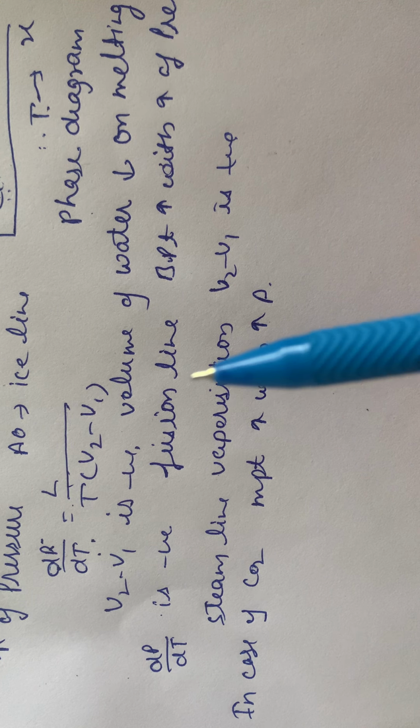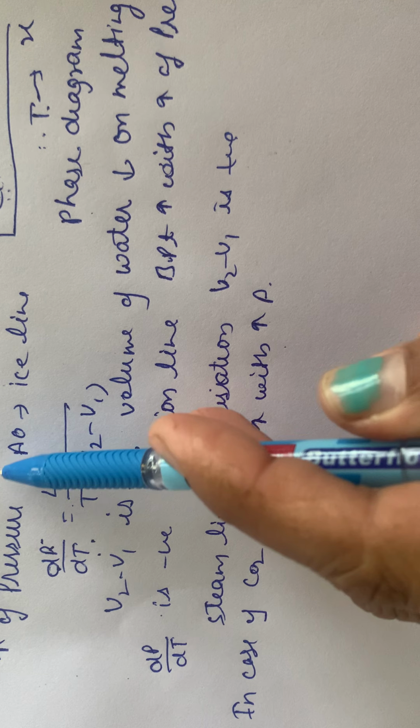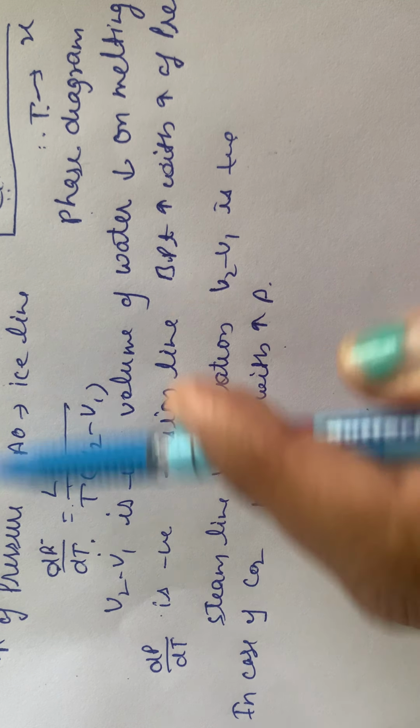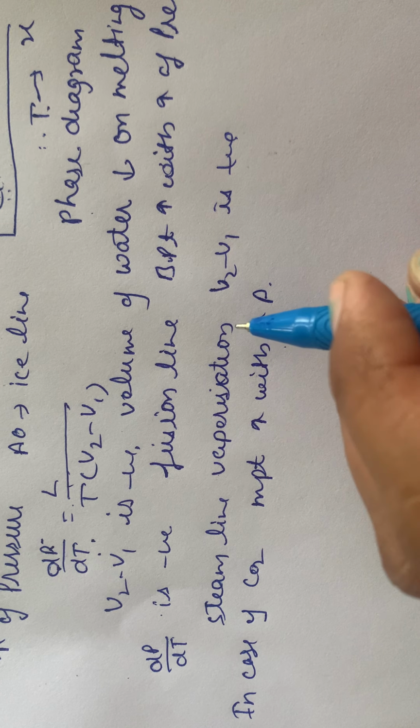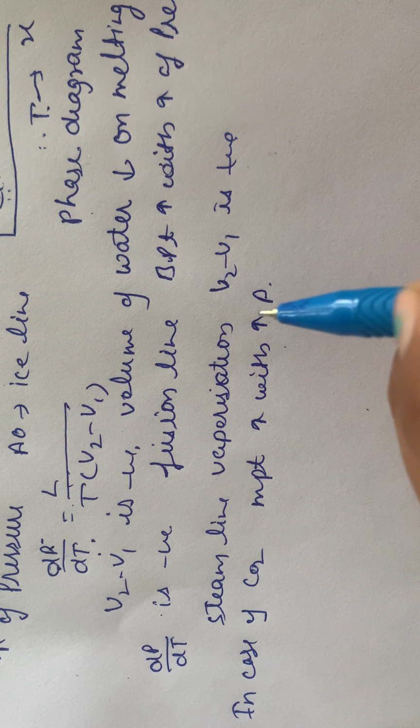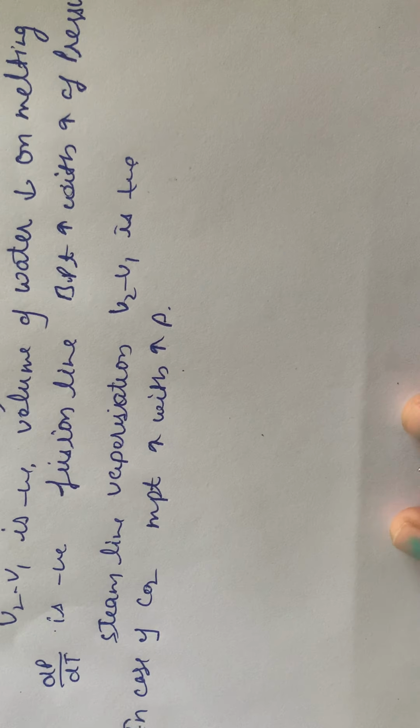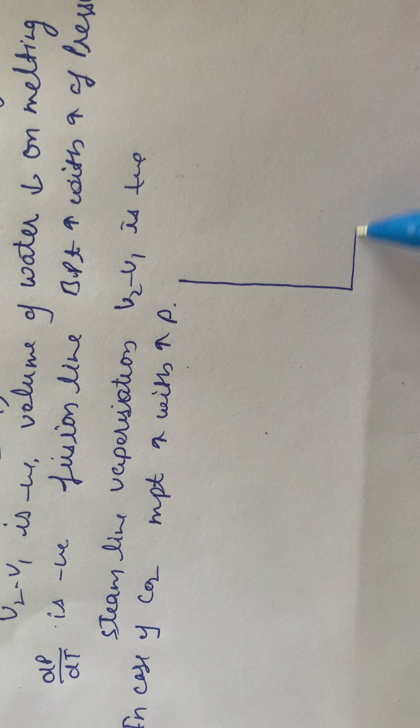If we are talking about water, the melting point of ice decreases with increase of pressure. The fusion line for CO2 has a positive slope.